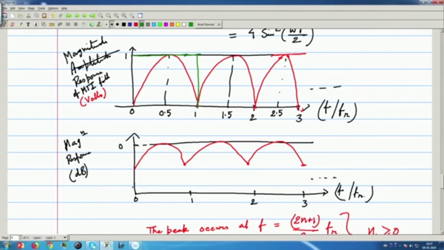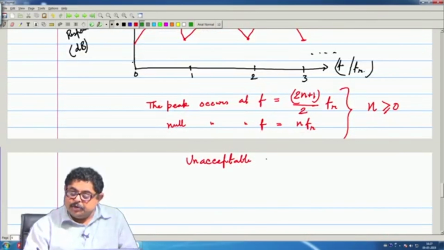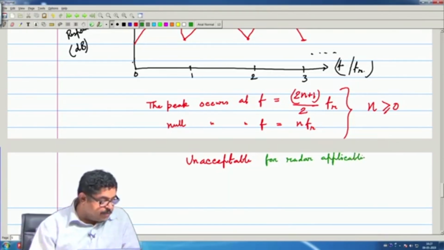That should have been the ideal one, but it is not ideal, it is having a severe attenuation. So, single DLC is unacceptable for radar applications, and we will have to better the performance.